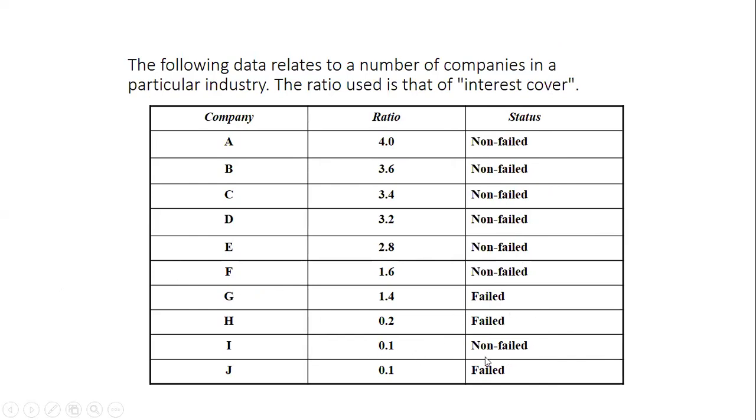But company I's interest cover is less than company J's interest cover. So that means that if J was still existing, it could pay off its interest on its loans, and I, which still exists, cannot pay. So if you were supposed to make a judgment, then you would say that it is I that should even be classified as failed and not J that had failed. Please, do you get it?